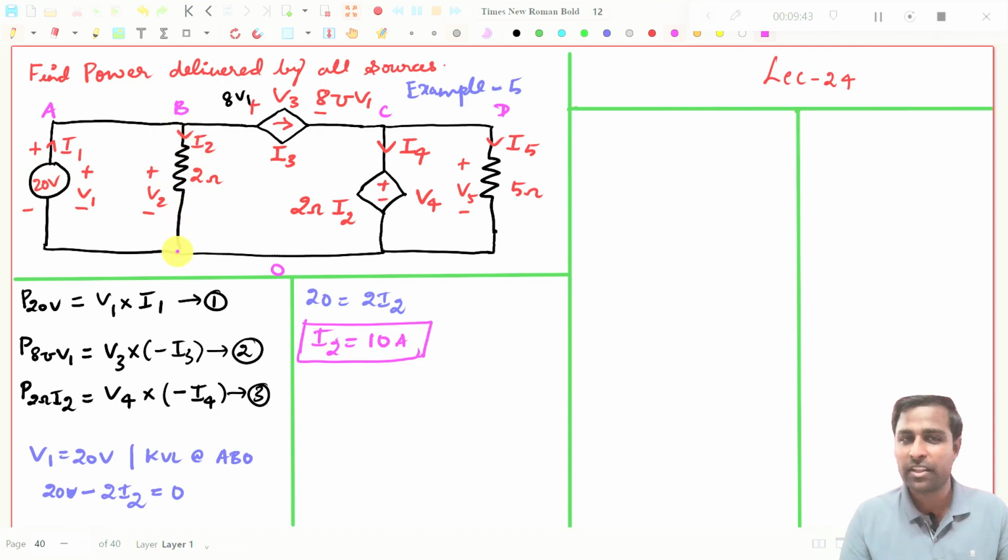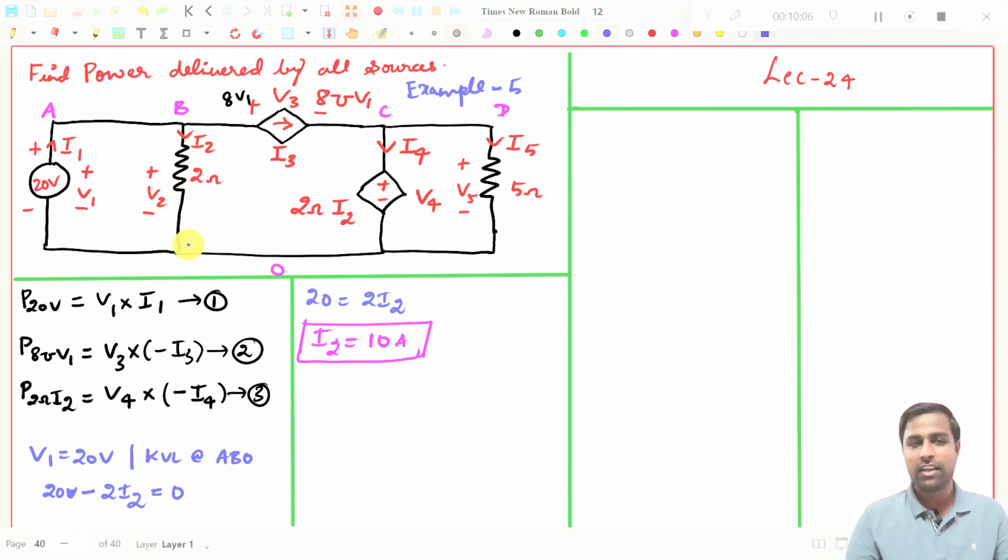And what is between these 2 points? It is actually connected parallelly, right? So V2 also has to be 20 volt, right? So how can it be? Anyhow, by expression also we can write this V2 should be equal to 20 volt. Anyhow, I will write here. If I want to write what is V2, I have to travel from this point to this point, from minus 2 plus.